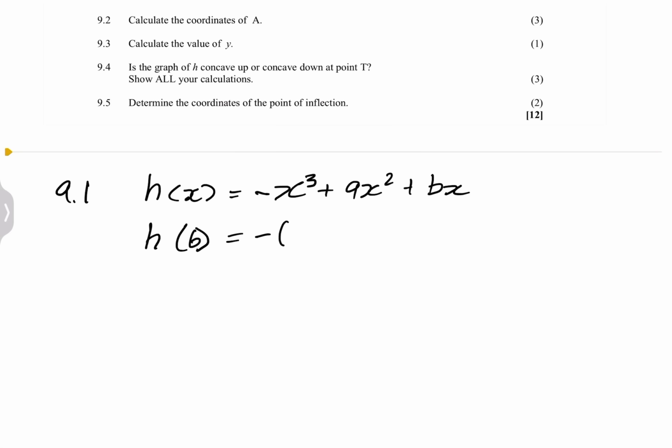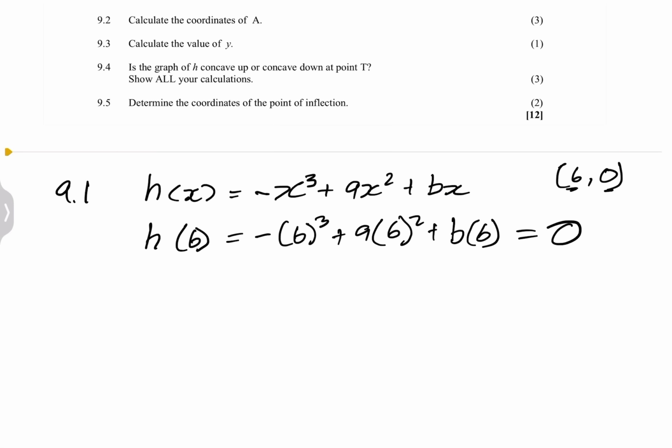So that's going to be minus 6 cubed plus a times 6 squared plus b times 6. I'm substituting the point 6 and 0, so when x is 6, y is 0, so that will be equal to 0.